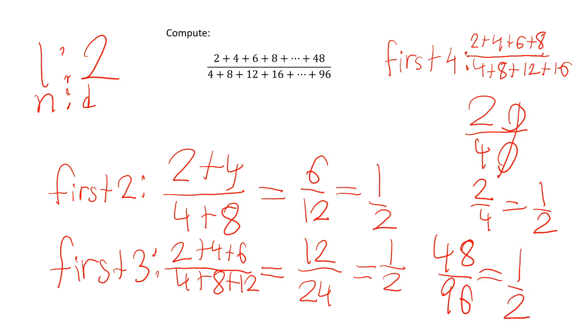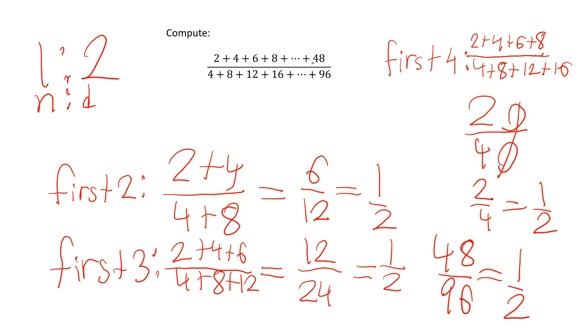And we notice that even when we sum all of this up, we're going to have a multiple of 2 over a multiple of 4. Now, it's not like a multiple of 2 over a multiple of 4 is always equal to 1/2. Now let's see why.